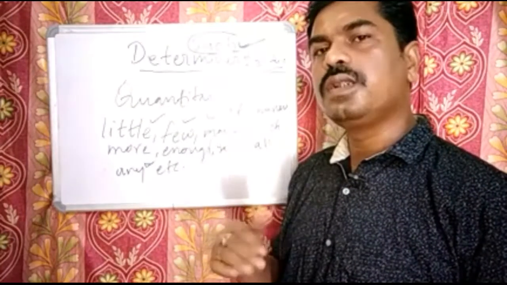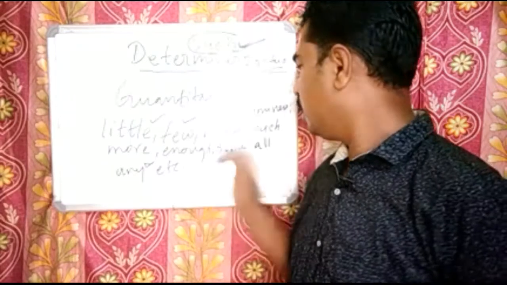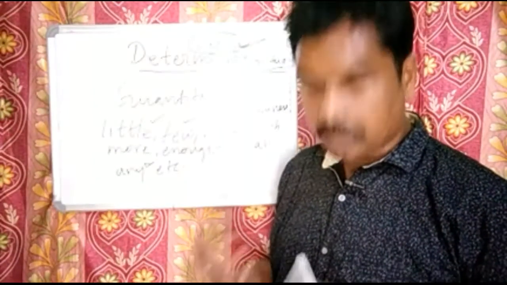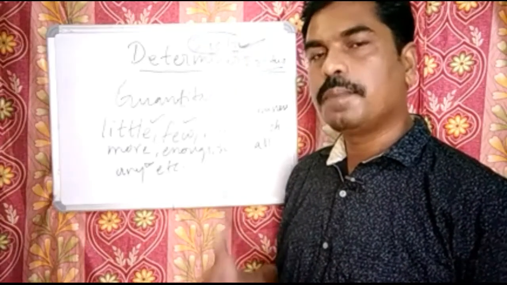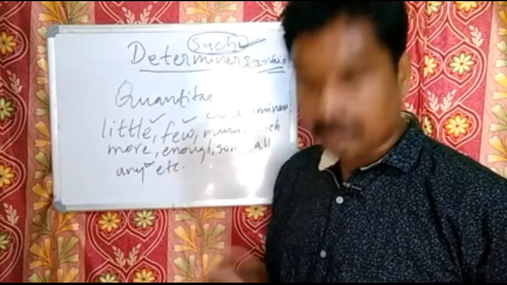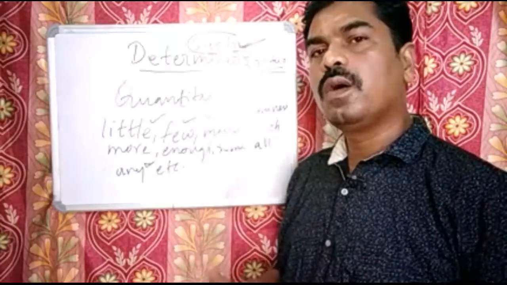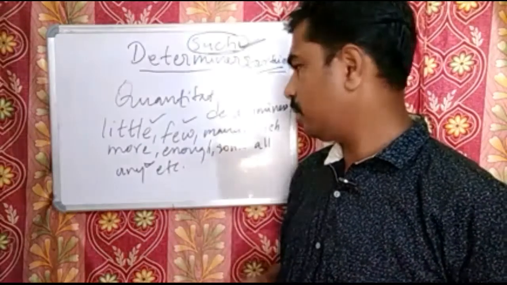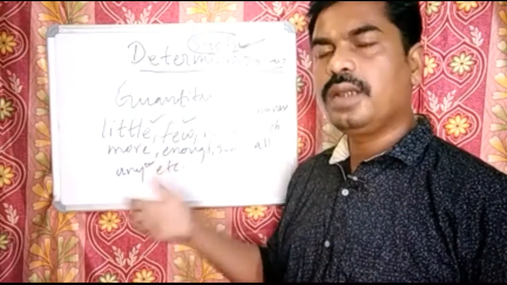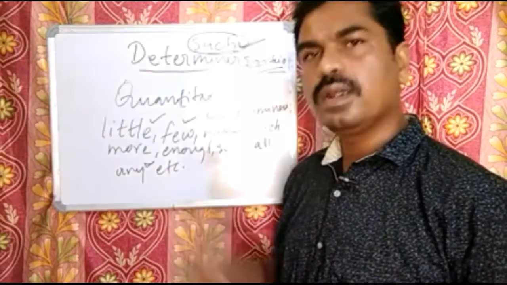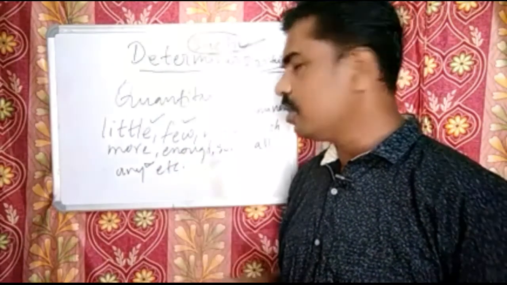That means whatever is needed for a week, I have that. Some, as I told you: may I request you for some water, some bread. All: I kept on working all day, or the whole day. And any: there weren't any people at the meeting. So generally if the sentence is negative, where not is used, you can use any with them.